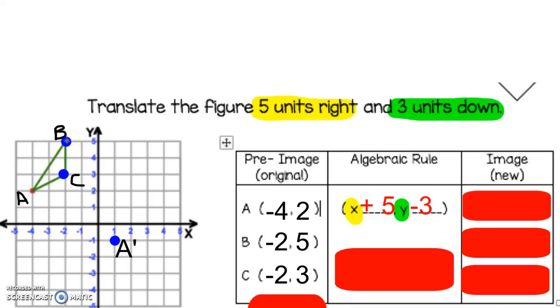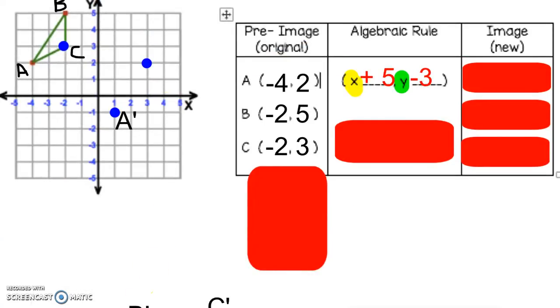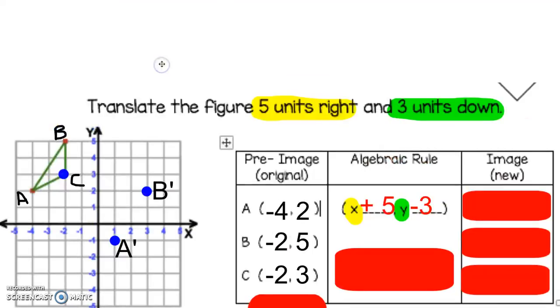So B: 1, 2, 3, 4, 5, and 1, 2, 3. That is going to be B prime. And then C: 1, 2, 3, 4, 5, 1, 2, 3.